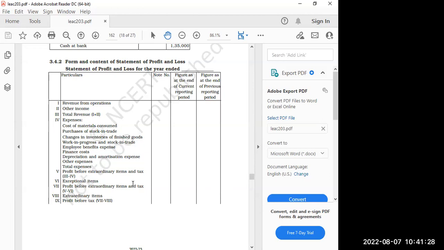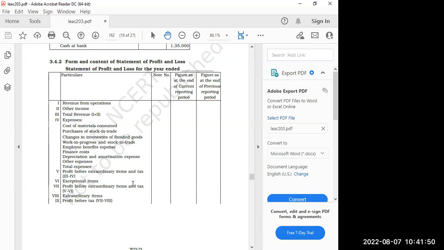Opening stock of raw material plus purchase of raw material minus purchase return of raw material minus closing stock of raw material is equal to cost of materials consumed.